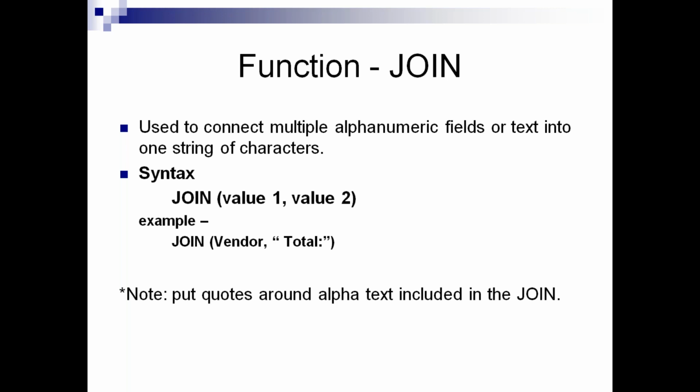You've got to put quotes around it if you want a comma to print after the city, and then we might need to do a space in there as well, and then the state, and then a space, and then zip. So it can be kind of complicated if you've got multiple things that you're pulling together to see where you need to put those spaces. Sometimes you might have to put a space in, just a single space inside a quote all by itself.